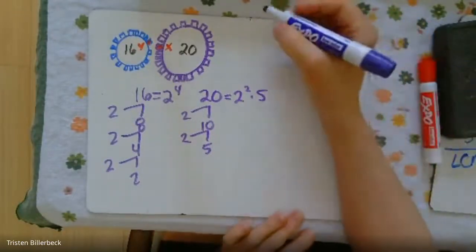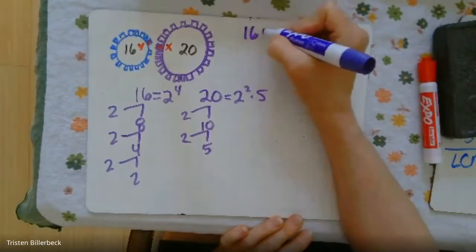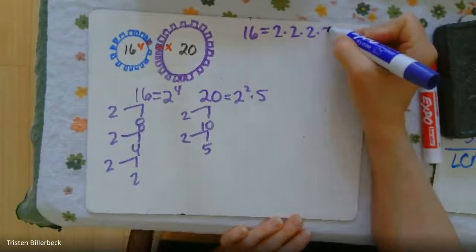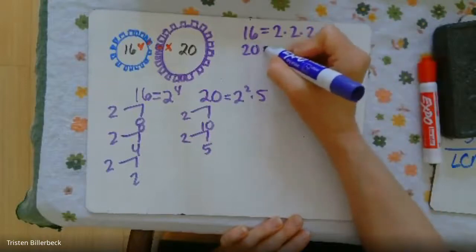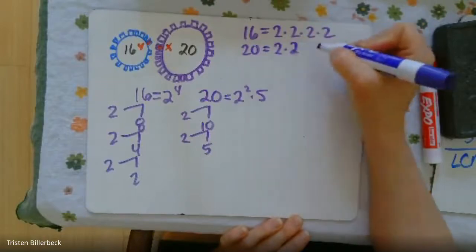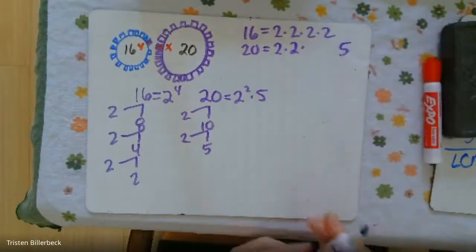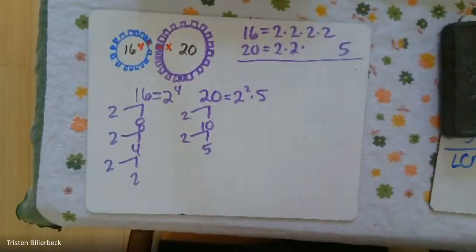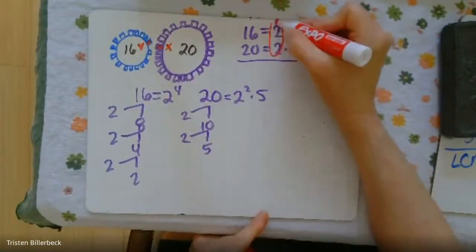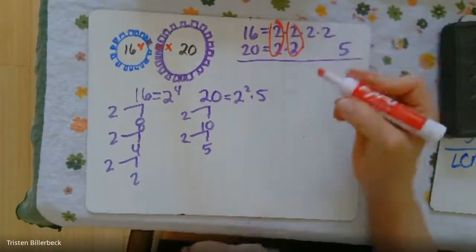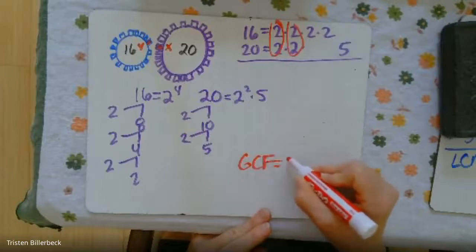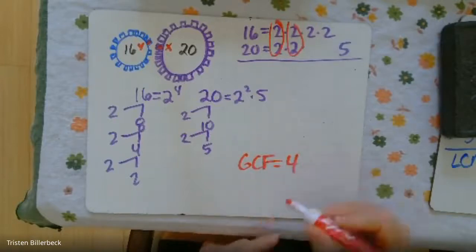So now let's write these one above the other and see what we have. So 2 times 2 times 2 times 2, and 20 is 2 times 2 times 5. So when we look at the least common multiple, we see we have 2 times 2, so our greatest common factor, just so we know, is 4, which is 2 times 2.